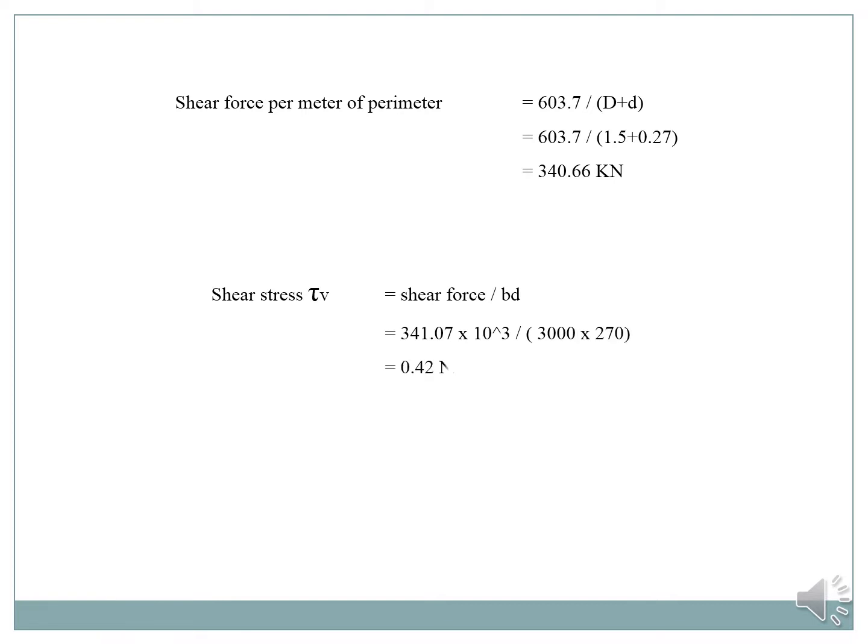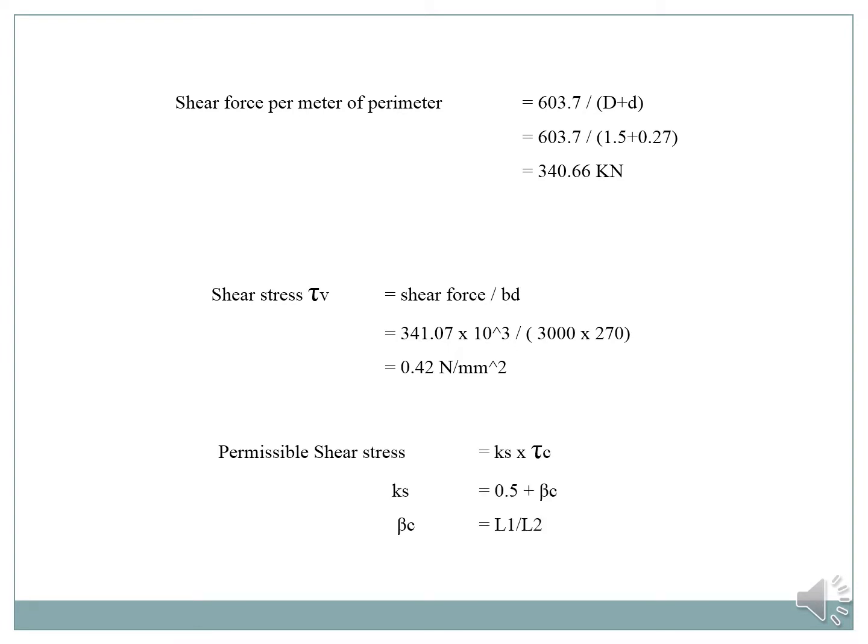Shear stress tau v is equal to shear force by b d, load by area. So 341.07 into 10^3 divided by b equal to 3000 mm, the width of the column strip, and d equal to 270 mm, the effective depth. So shear stress tau v is equal to 0.42 Newton per mm square.